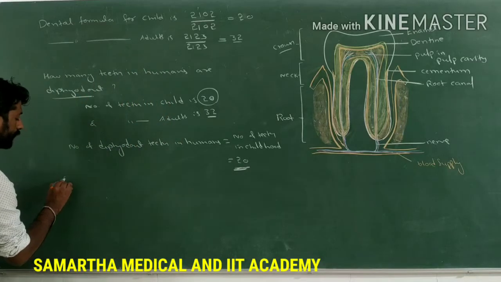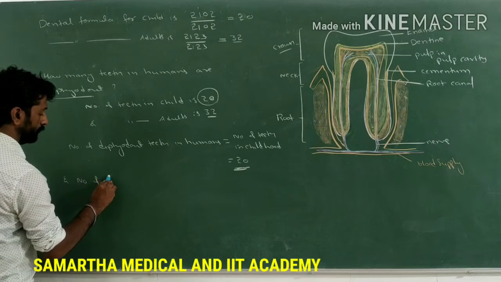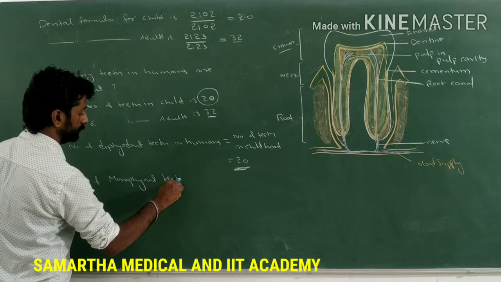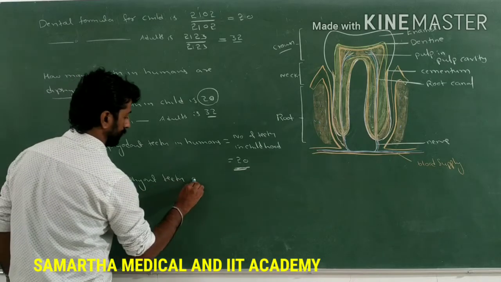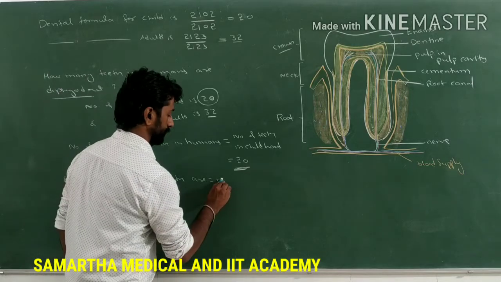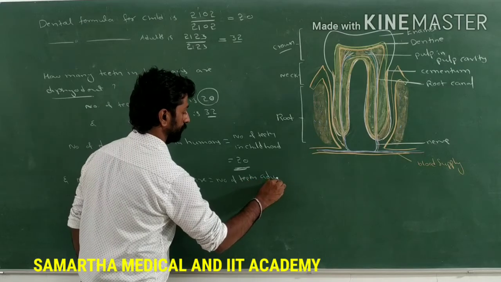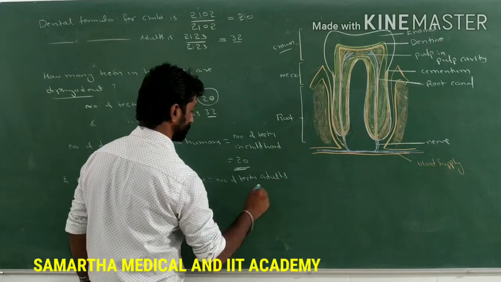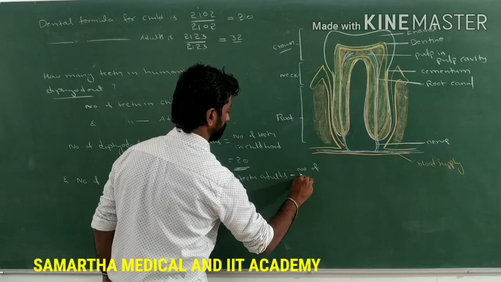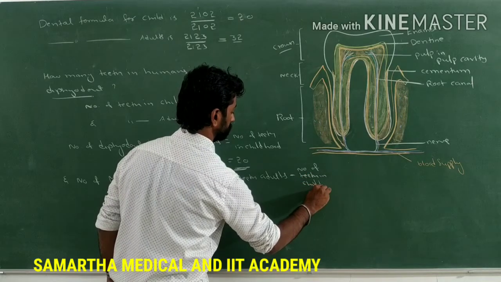And the number of monophyodont teeth is the number of teeth in adults minus the number of teeth in childhood.